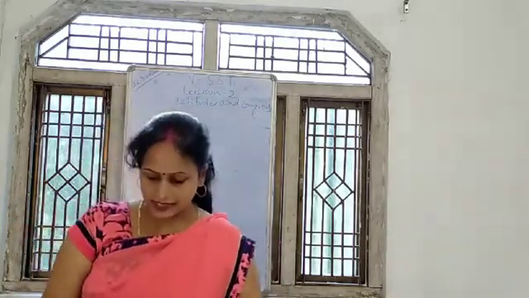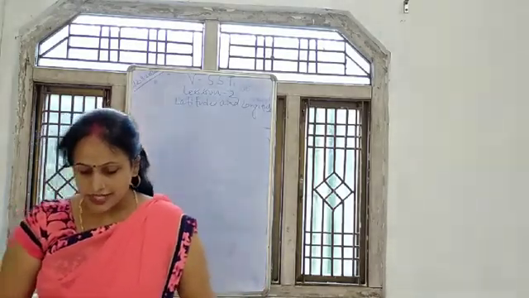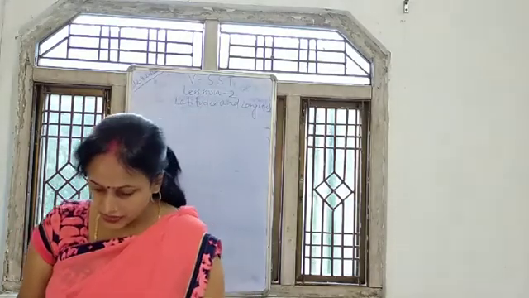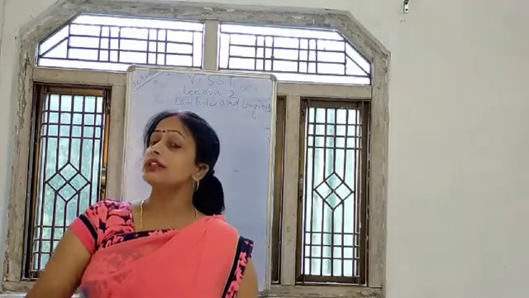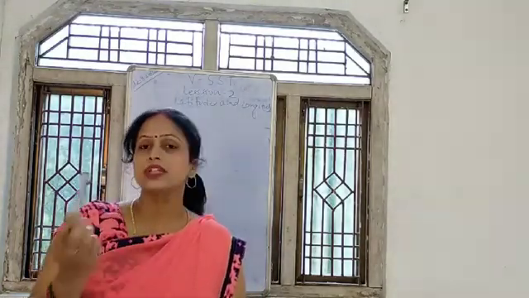Axis, Earth axis. The axis is an imaginary line passing through the center of the Earth, on which it rotates from west to east. So the direction in which it rotates is from west to east.